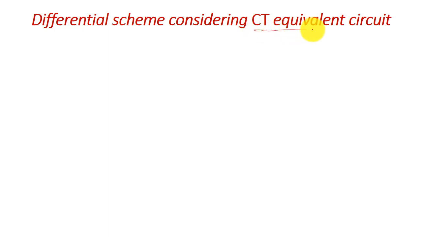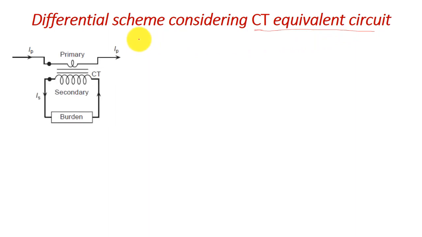Let us consider the CT equivalent circuit, and then we analyze the differential scheme. So this is your CT, where on the primary side the number of turns is very less, in fact it is 1 sometimes, and on the secondary side the number of turns is very high.